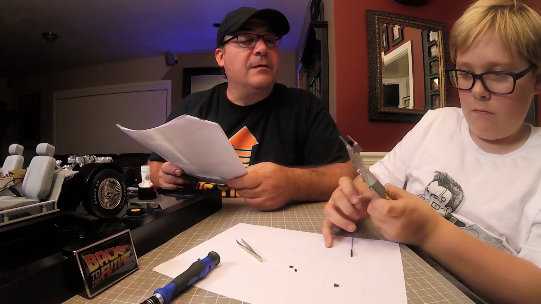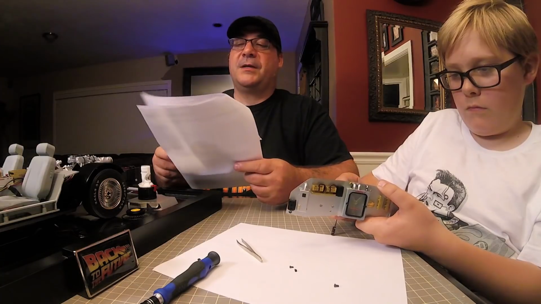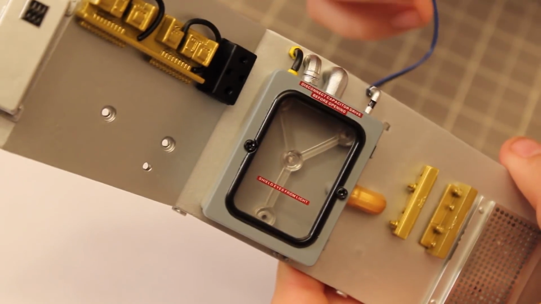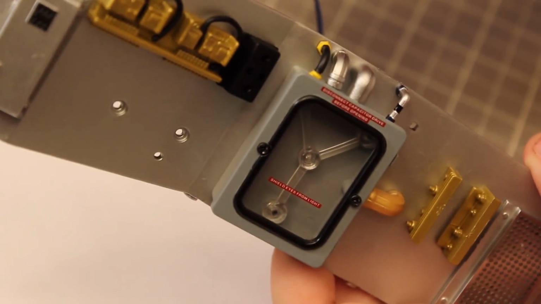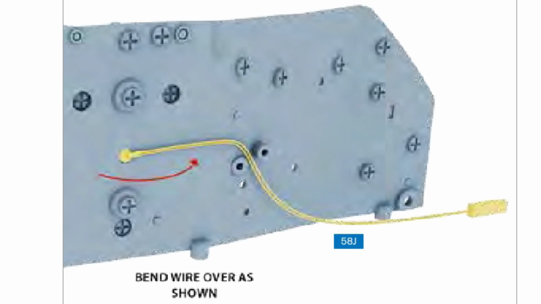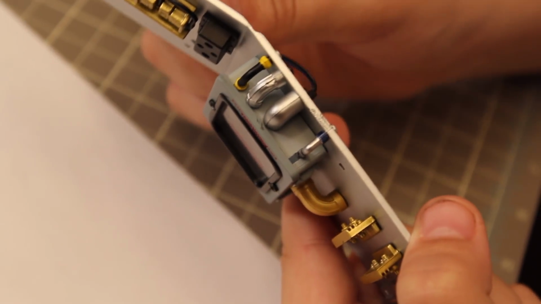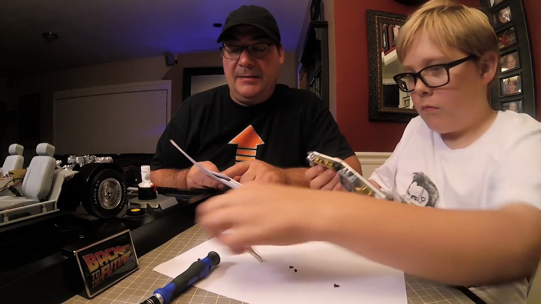And that will be the little LED light that's going to light up the flux capacitor. Okay? Oh, did you do it already? Okay, yep. Step 15. Bend the wire 58J over and position it between the posts as shown. So you want to run it through those posts.